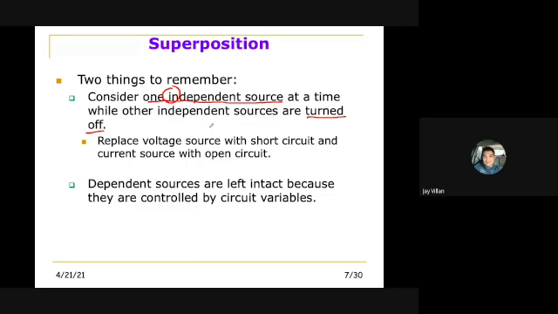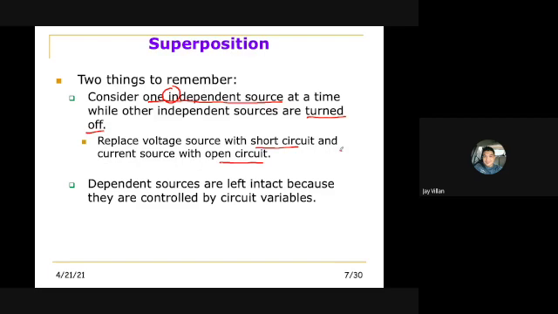So, meaning, we cannot apply the superposition principle in circuits involving dependent sources. Could be. Well, let's check later. So, replace a voltage source with a short circuit and a current source with an open circuit. Okay?